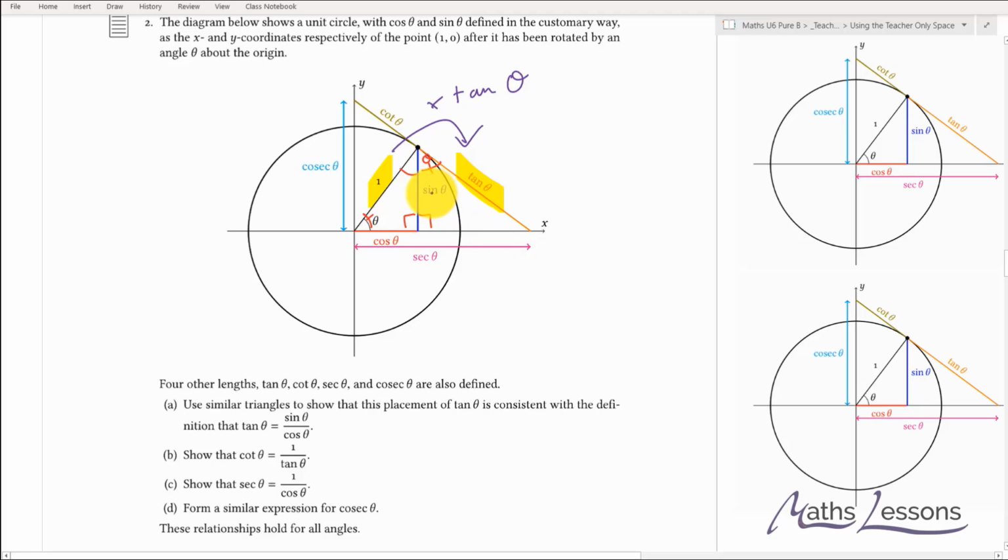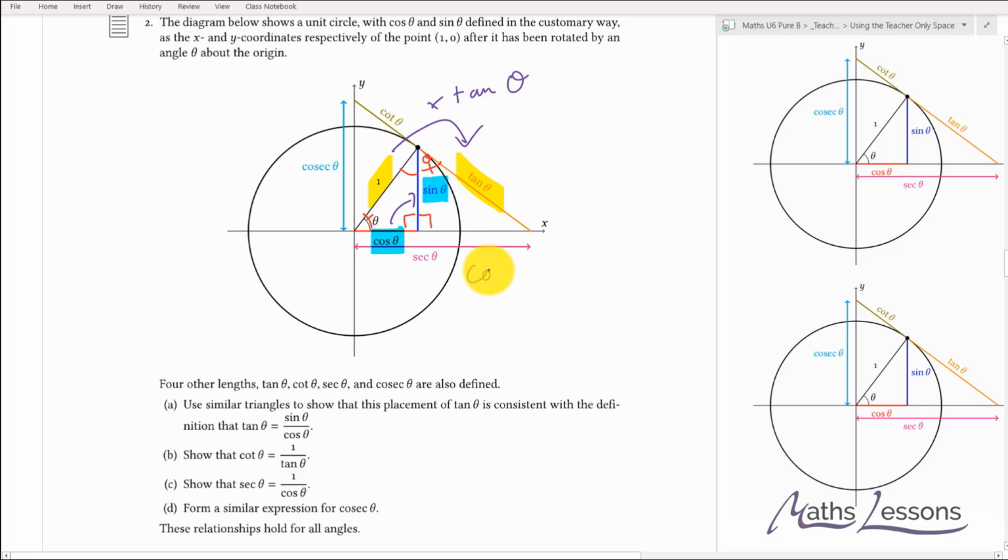Now, if we realise there's the right angle here with the theta there, and the right angle here with theta here, we can see that the cos theta on this side corresponds to the sine theta on this side. So we're enlarging from cos theta to sine theta by times by tan theta.